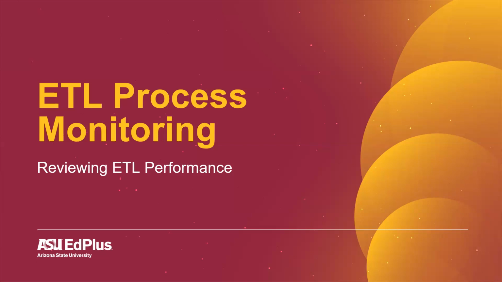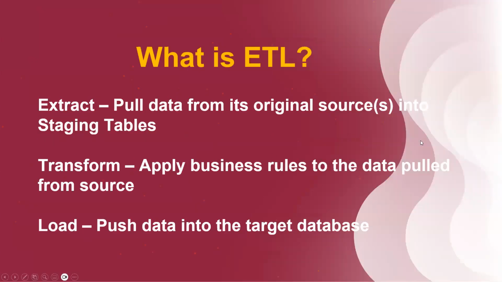Perfect, perfect. So the next slide answers that question. What is ETL, right? The acronym is extract, transform, load. Essentially, in ETL processes, we pull data from various data sources, and usually that data is pulled into staging tables.